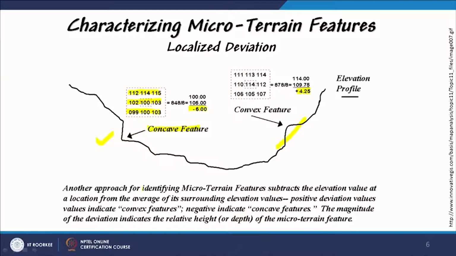So, one should always try to quantify things as accurately as possible. Identifying these micro terrain features using this elevation profile and other things will give us a quantity for the convex features as well as the concave features.